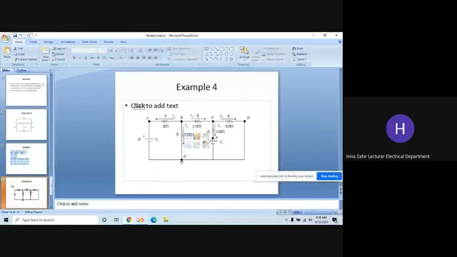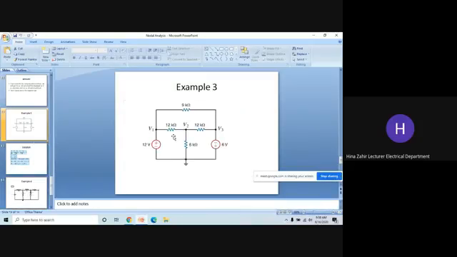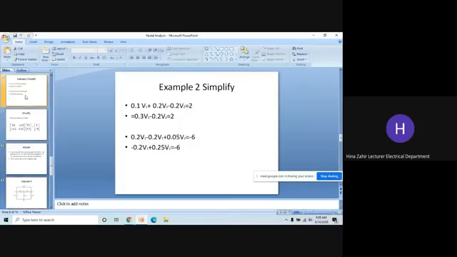Now, the only important thing in nodal analysis is the identification of nodes. When we were doing it, it was very difficult for us to identify the nodes. But once you identify the nodes, then writing the node equation is very easy. And I am 100% sure that once you write the node equations like this, then solving is just mathematics.